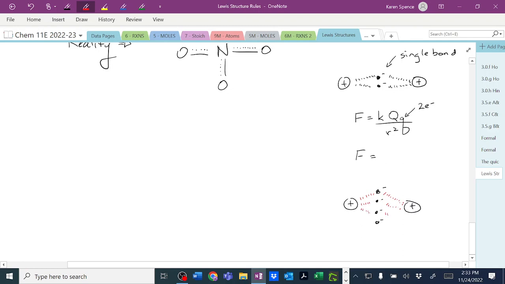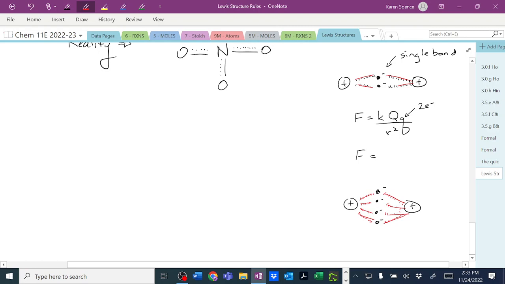Would it be the same, or bigger, or smaller? It would be doubled. Okay, so we went from having essentially 2 ropes pulling to having 4 ropes pulling, if you want to think about it that way. That's not really an awesome analogy, but it's kind of like that.